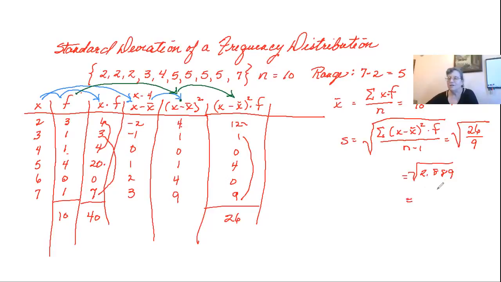And the square root of that is 1.69967. So depending on how far they want to go, this is going to turn out to be 1.7. So that's how you calculate the standard deviation of either a regular data set or a frequency distribution.